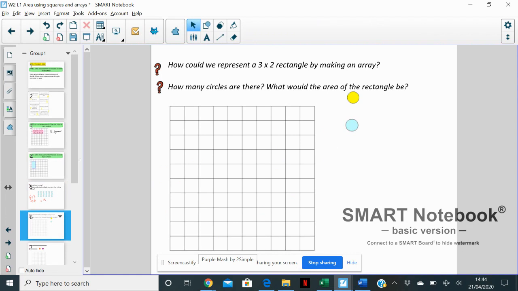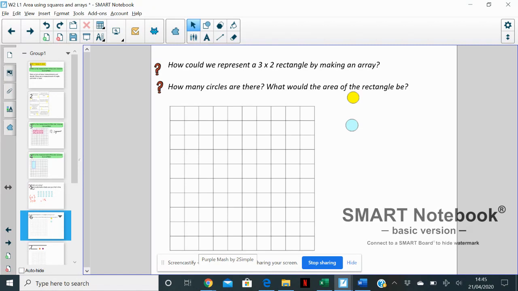So let's think about how we can use arrays to create rectangles and how that's going to help us find our area. So I've got 2 questions on the board that I want us to think about. How can we represent a 3 by 2 rectangle by making an array?